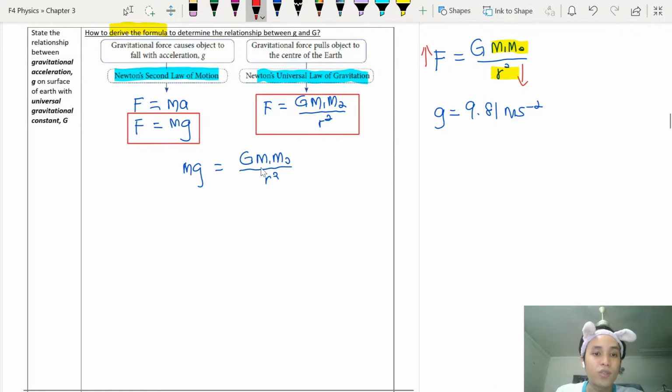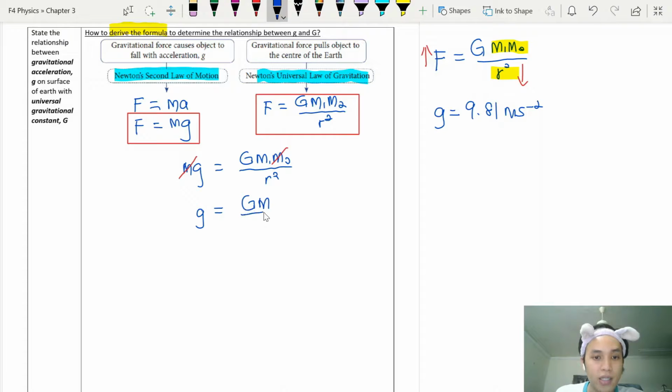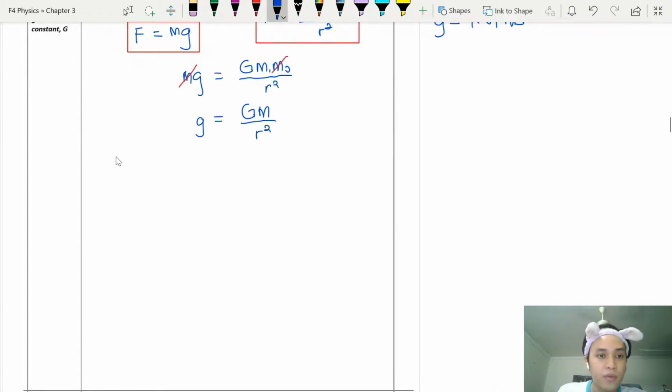Once you reach this state, you cancel off one of the masses. So you come to your formula for the gravitational acceleration, which is the gravitational constant multiplied by the mass divided by distance squared. Your g will be your gravitational acceleration.